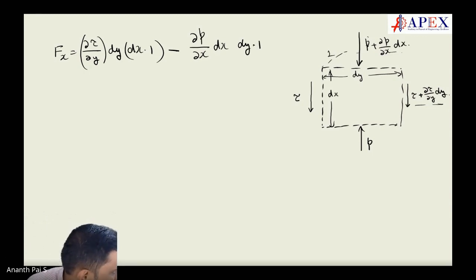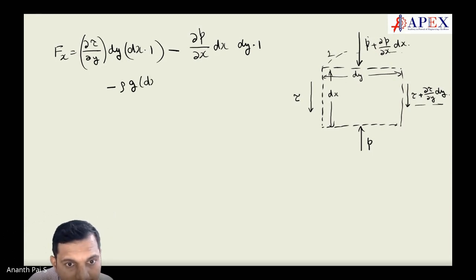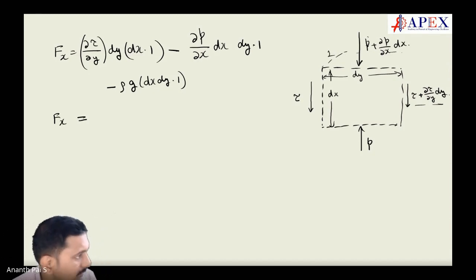There the pressure is active. Makes sense? Then we have the weight, is it not? Minus rho g dx dy into 1. This is the weight. Makes sense? So that is the total force Fx, right? In equilibrium, right? Makes sense?